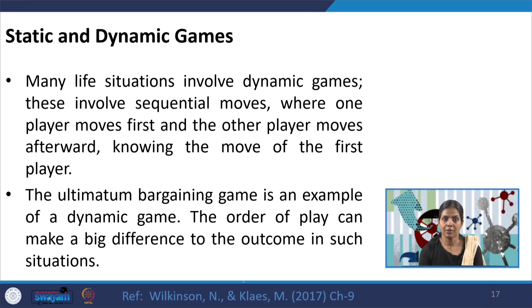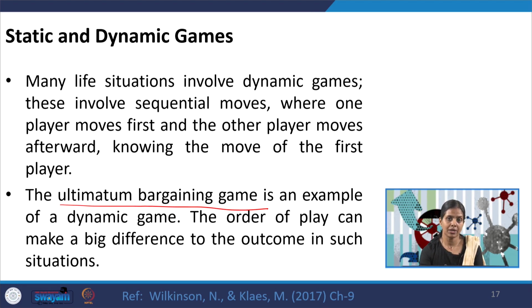The ultimatum bargaining game is an example of a dynamic game. The order of play can make a big difference to the outcome in such situations. Ultimatum bargaining game we have not talked about yet. That is a very popular behavioral game where the structure is such that there is one proposer most commonly and one responder.